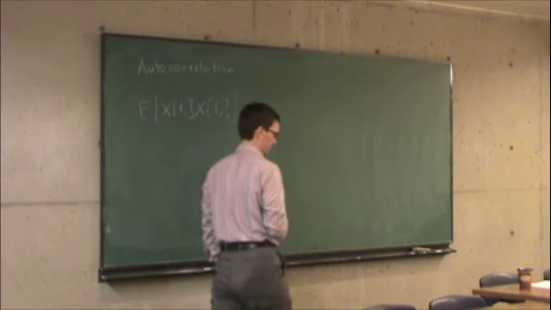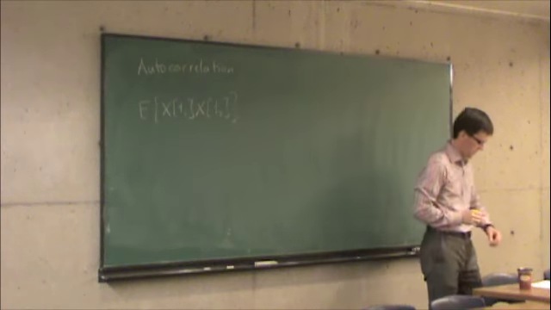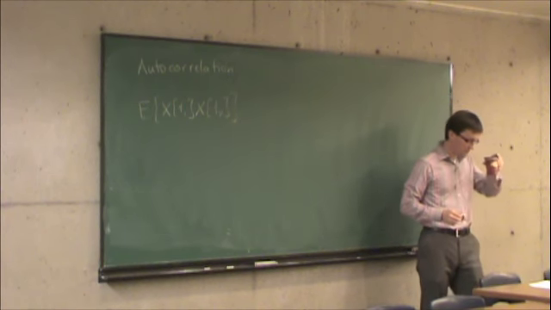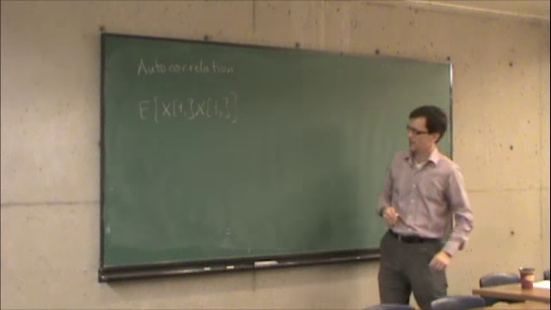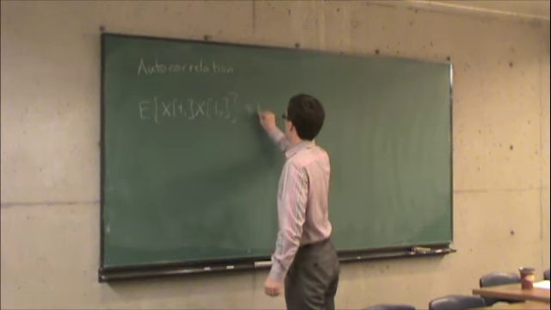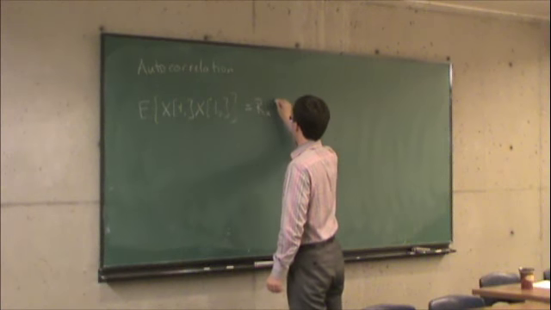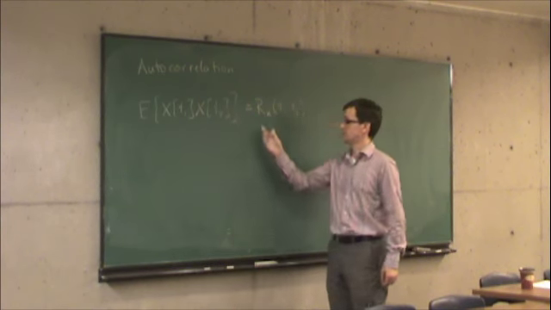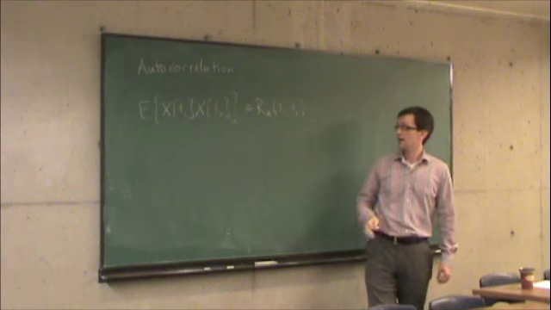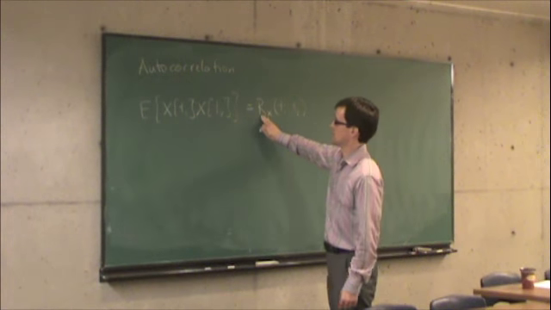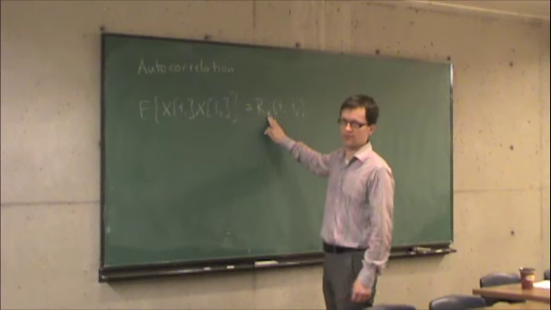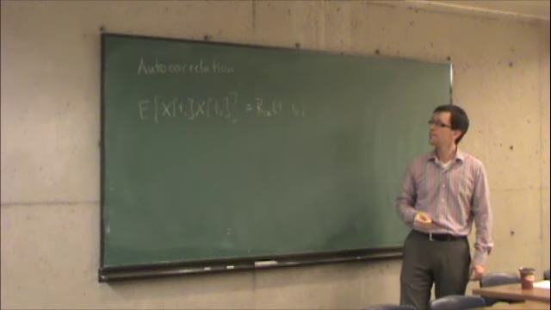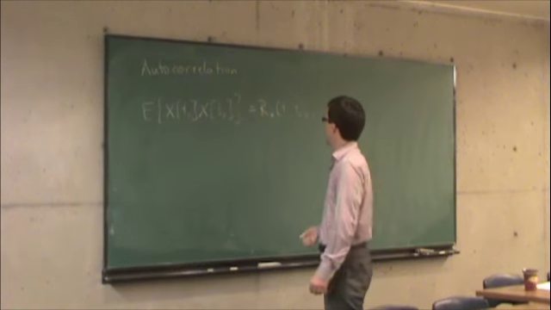So again, let's see a couple examples of this. By the way, let's give this the notation r sub x of t1, t2. Remember, my symbol for correlation was r, so I'm still using r for autocorrelation. The x is the random process, and t1 and t2 are the two time instants.